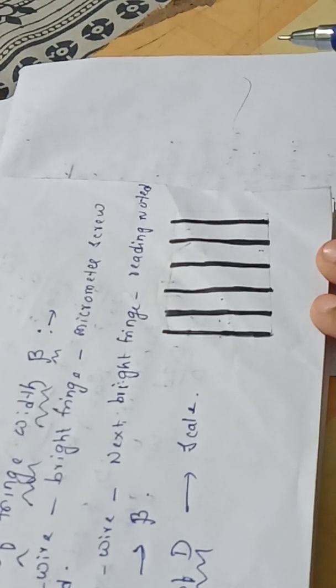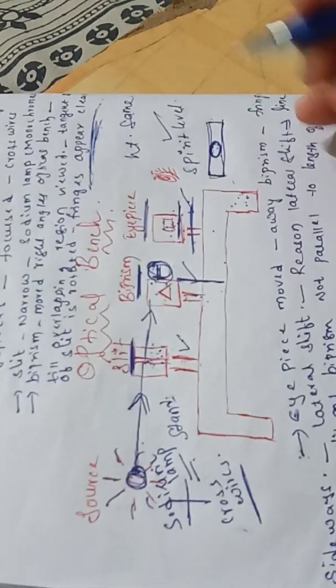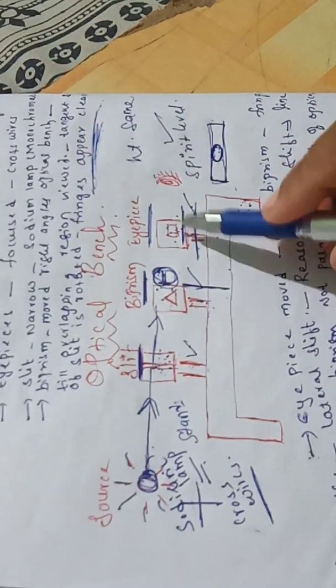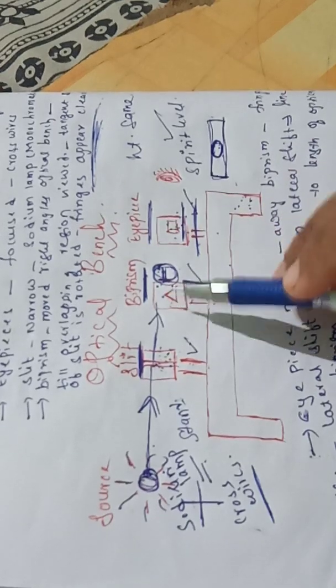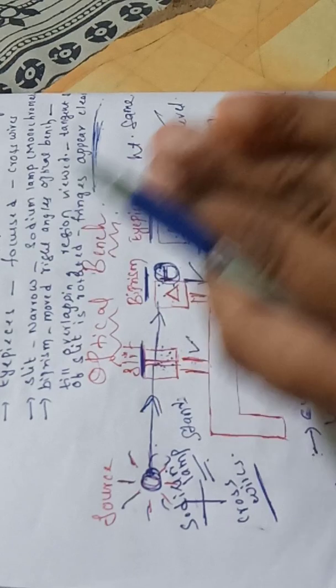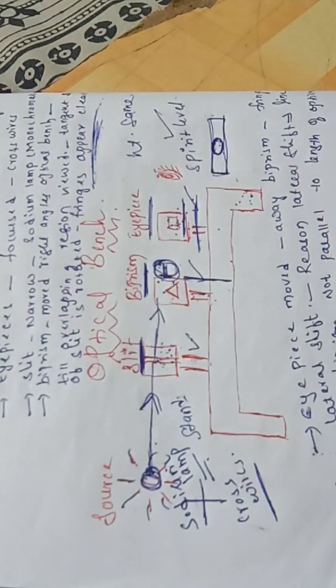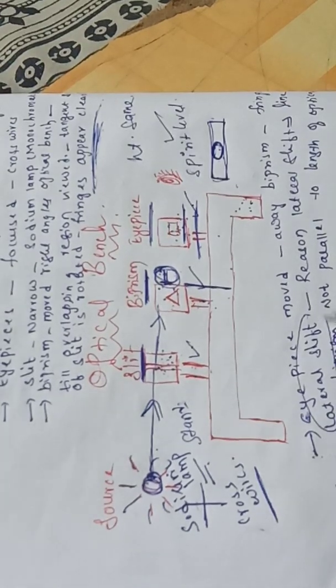Now, if we move the eyepiece away from the biprism, we see that fringes move sideways. Fringes moving sideways means a lateral shift has taken place.